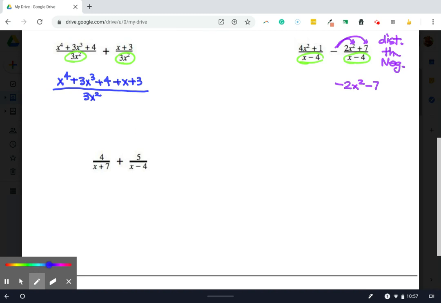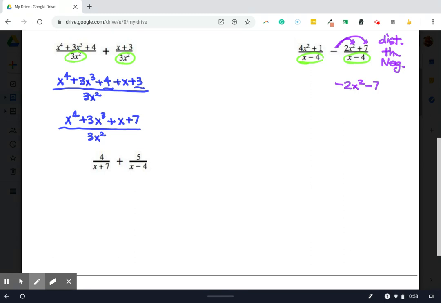And the only like terms I see here are 4 and 3. So x to the fourth plus 3x to the third plus x, and then those like terms to make 7 to seal the deal. The denominator, again, stays the same throughout. It is still 3x squared. Okay, so look for like terms, add those numerators, and then remember the denominator stays.